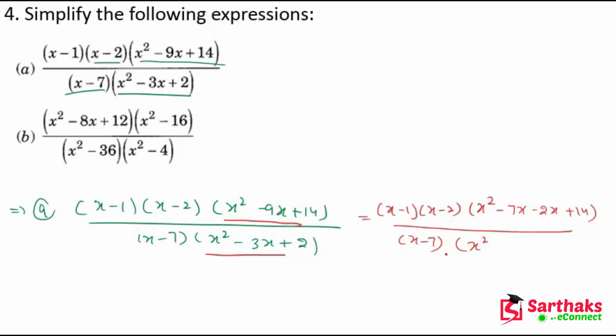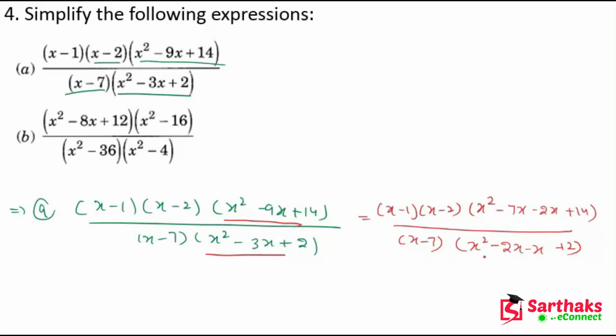We split the middle term as minus 2x minus x, because if we add these we get minus 3, and if we multiply the coefficients we get 2. And here is plus 2.